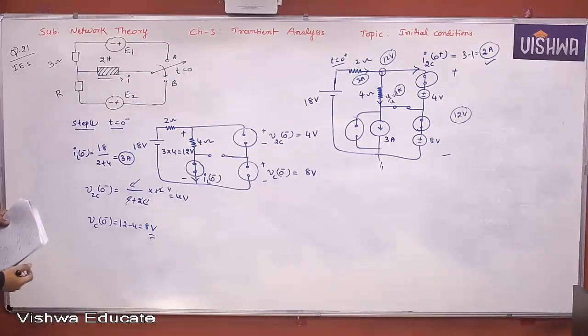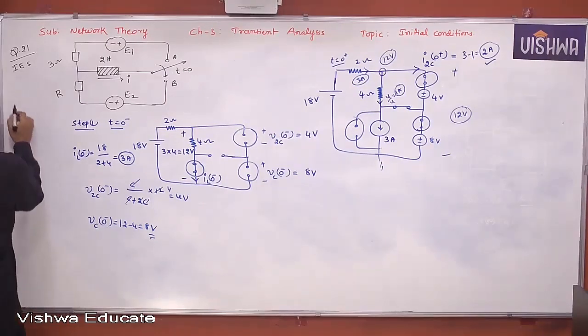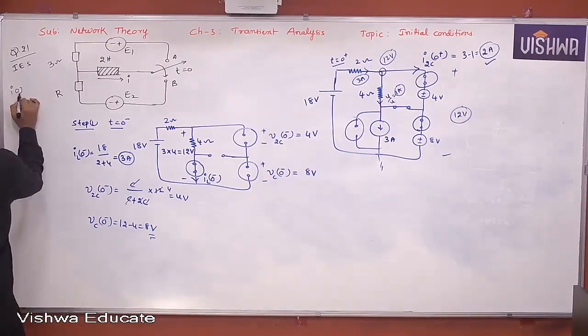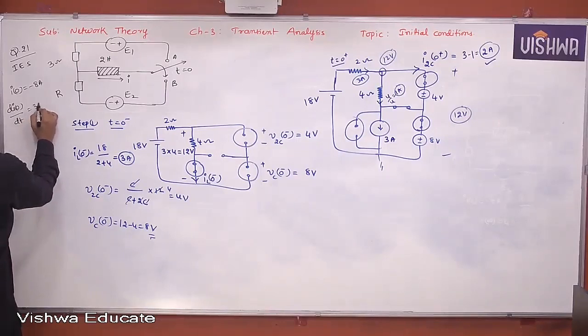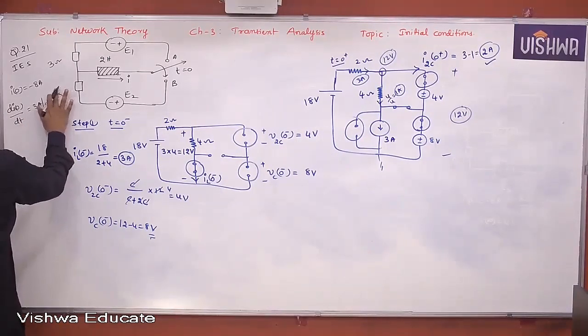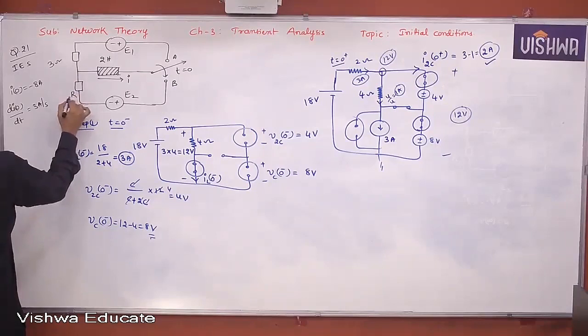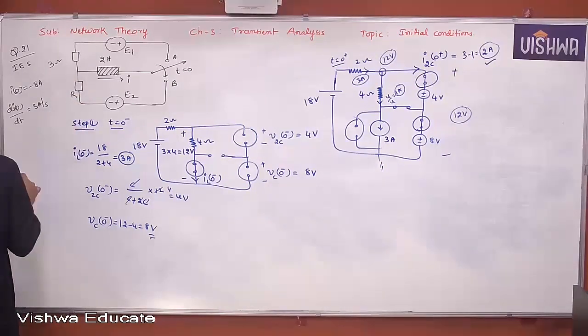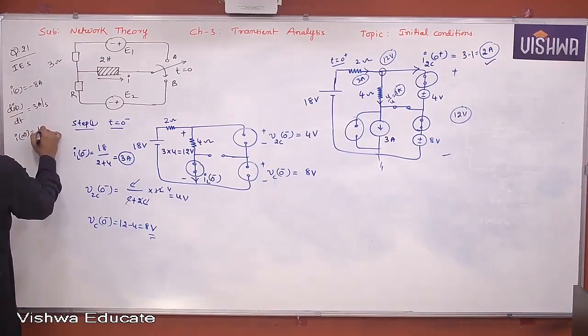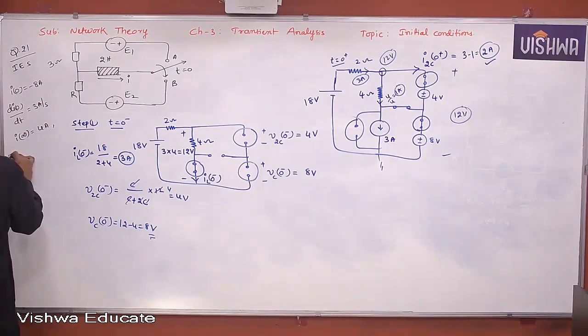Given data: I of 0 is minus 8 ampere. di of 0 by dt is 3 amperes per second. I of infinity is given 4 amperes. Then the question is capital R is how much?